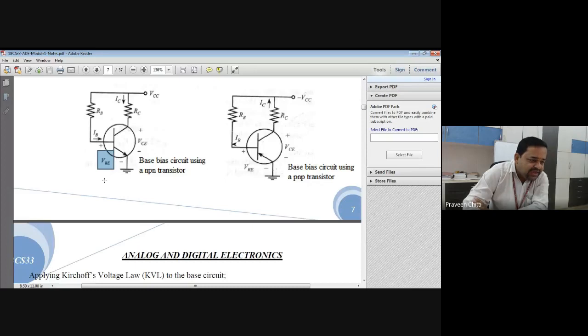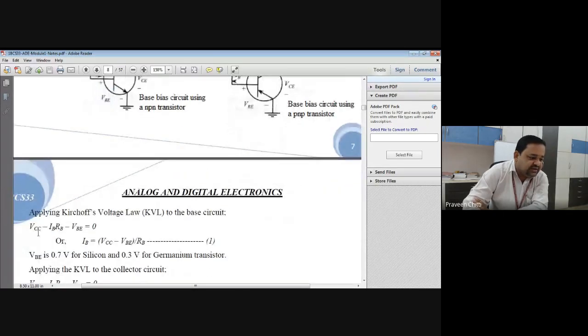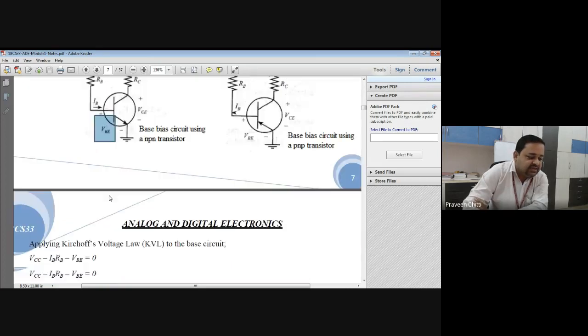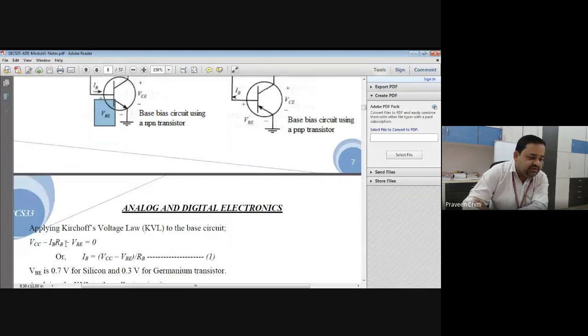So if I apply KVL, what we get is VCC minus IB into RB minus VBE equal to 0, or you can write that the supply voltage VCC should be equal to the voltage drop across RB plus the voltage drop across the base emitter junction. So VCC equals IB into RB plus VBE.